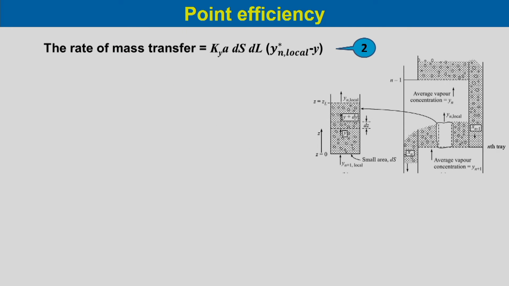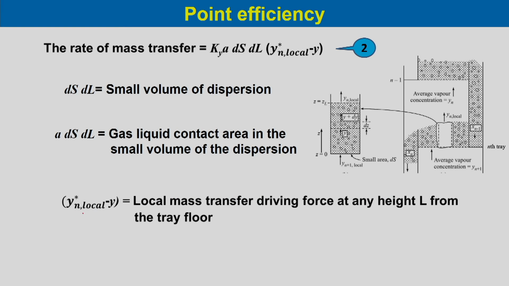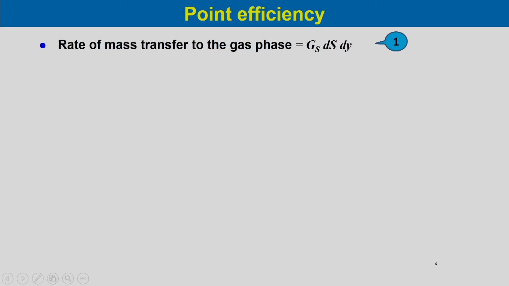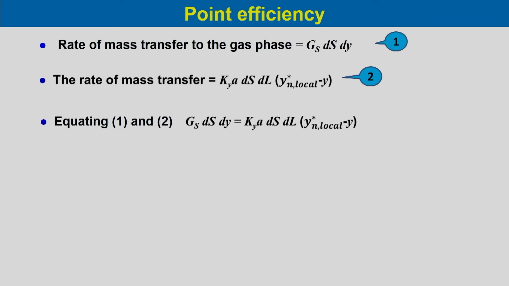The rate of mass transfer is as we have defined earlier. Here ds into dl is the small volume of dispersion, a ds dl is the gas liquid contact area in the small volume of the dispersion, and yn star local minus y is the local mass transfer driving force at any height L from the tray floor.